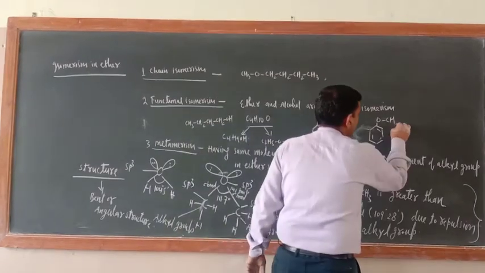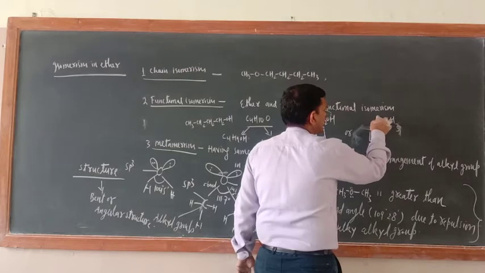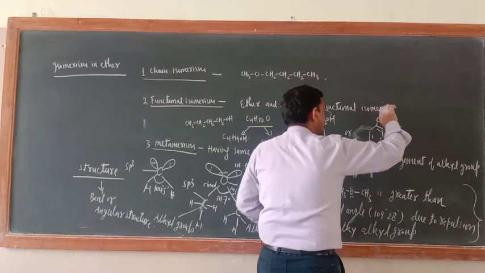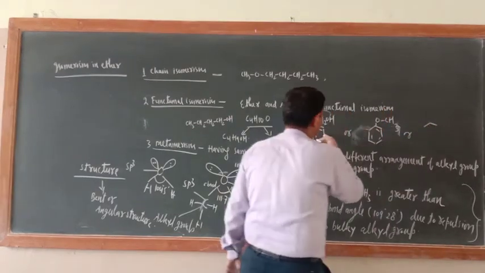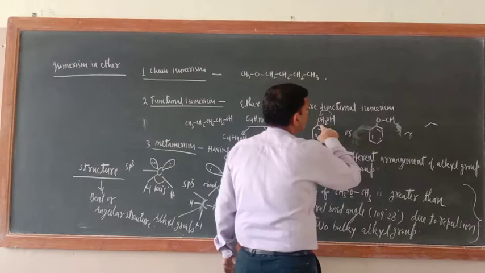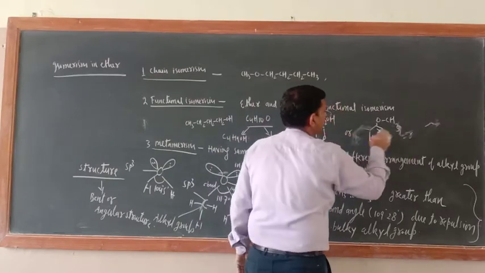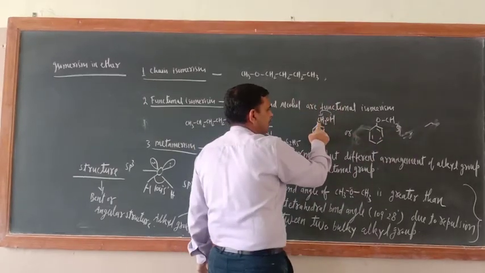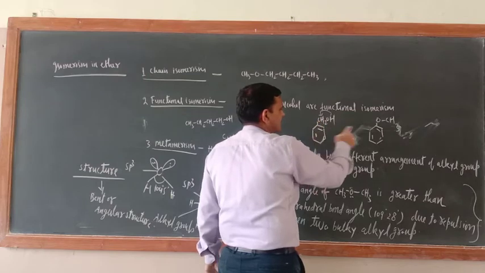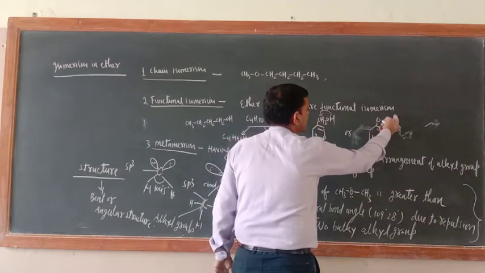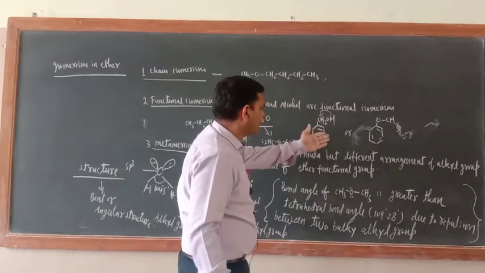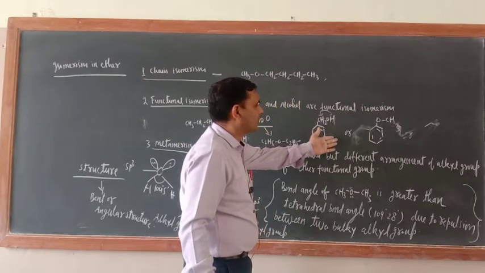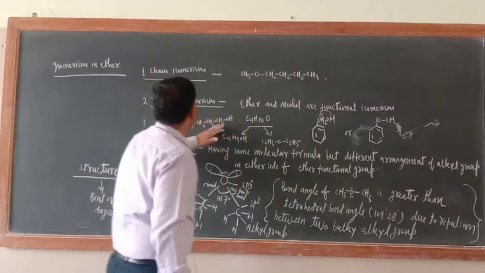Now just reverse this, it can be written like that, CH2OH. The molecular formula is the same in both. So this is functional isomerism.